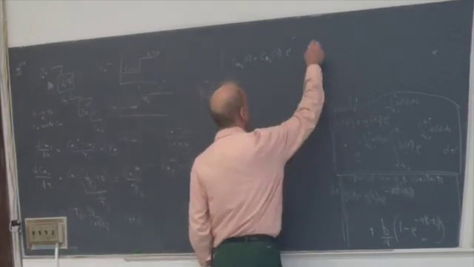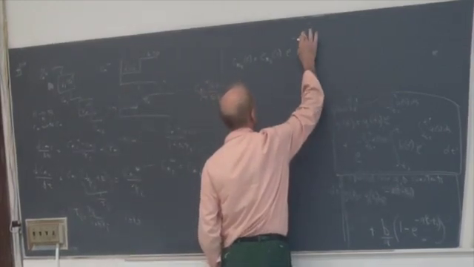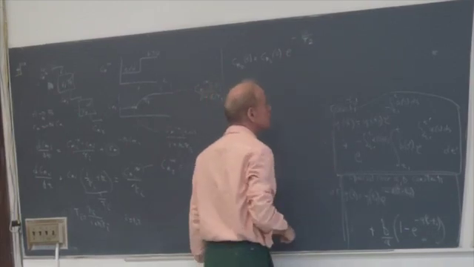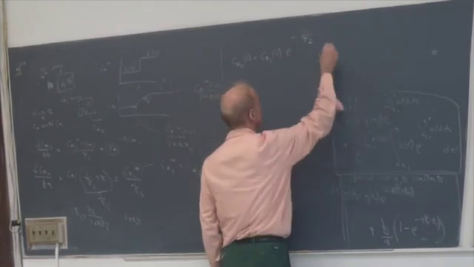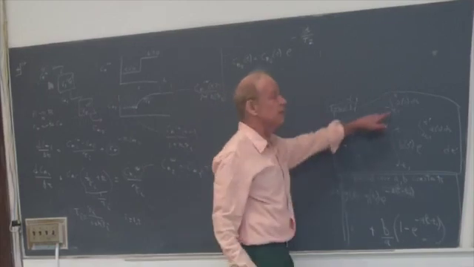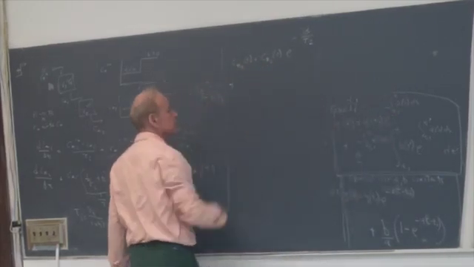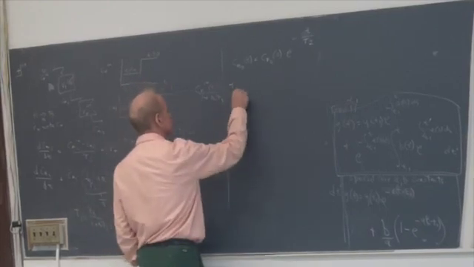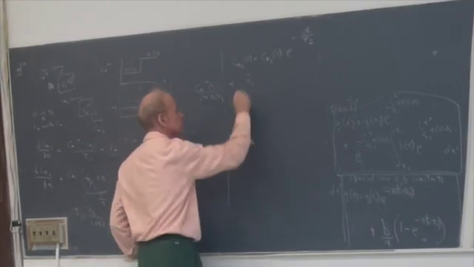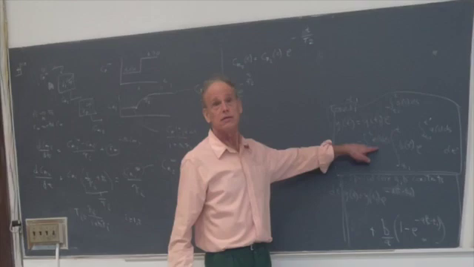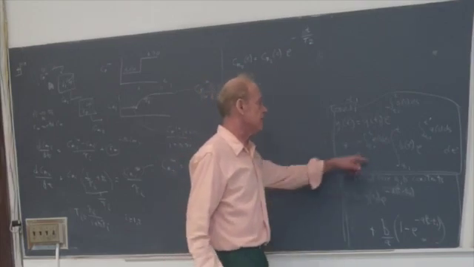This is e to the minus A, so it's 1 over tau 2 times t, because t1 is 0, plus e to the minus t over tau 2.